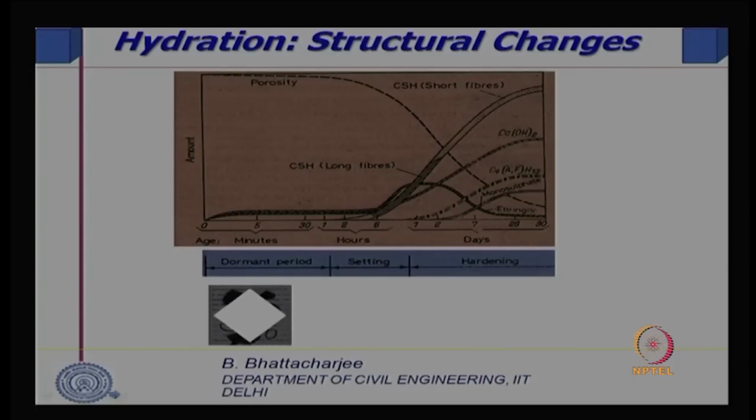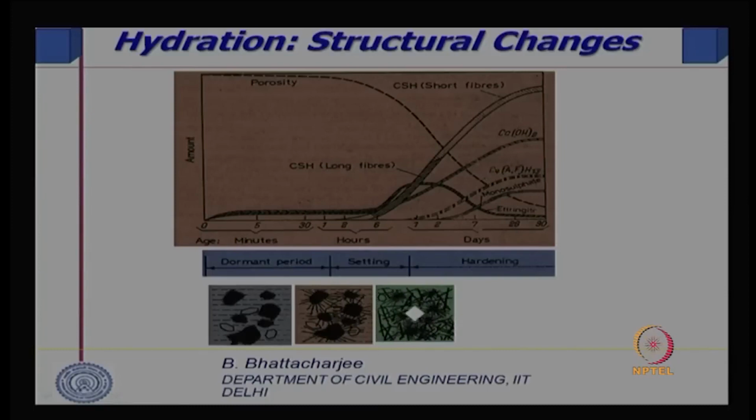And if we go back to the same structure, initially it was something like this: particles and water. Next, between the dormant stage and setting, the fibers of CSH have started forming. Precipitates of calcium hydroxide would have started coming out after that, and a lot of solid would have formed, and lastly, the hardened structure would look something like this.